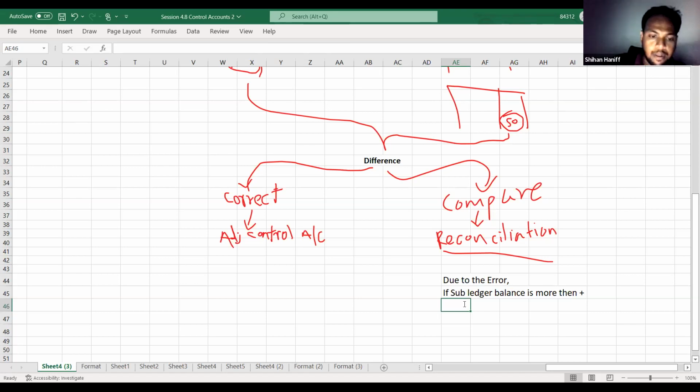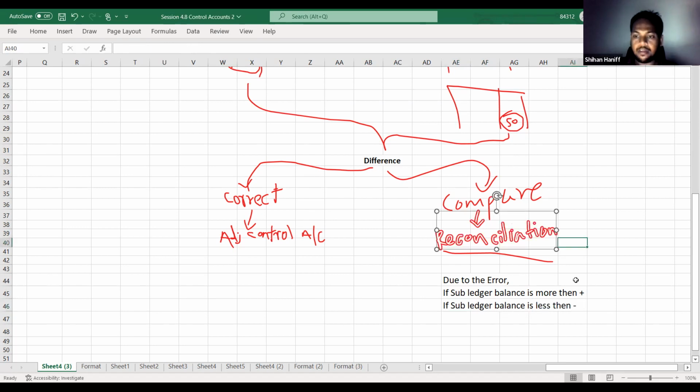If the sub-ledger balance is less, then minus.